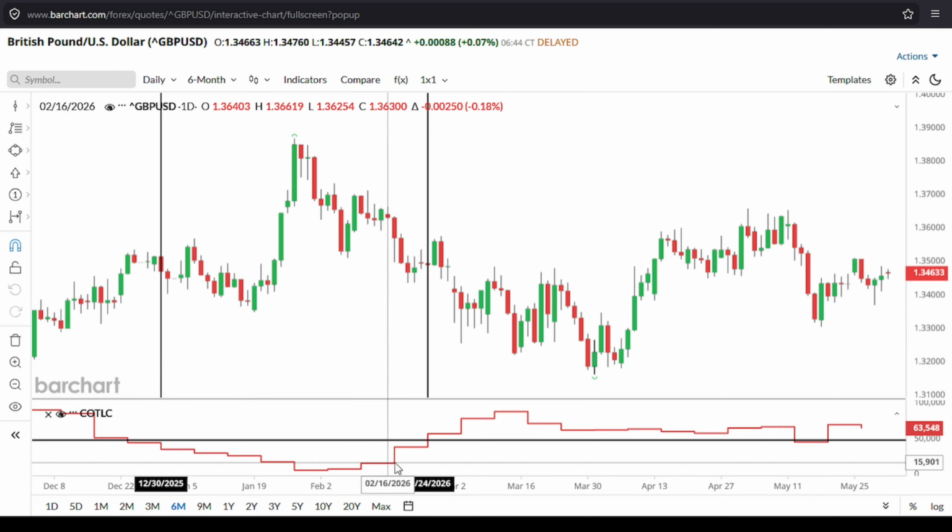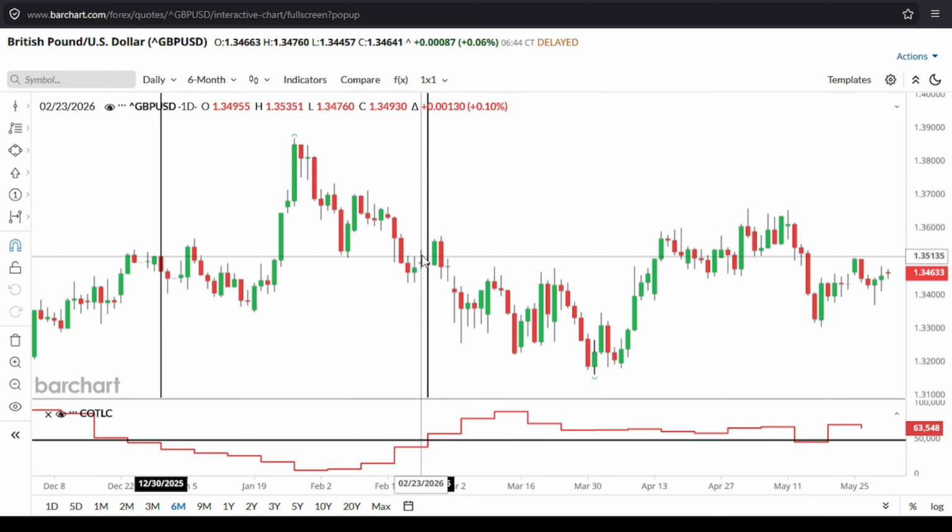So when it leaves below the 50% line and crosses to above it, its market bias for British pound US dollars on the daily time frame is now bullish. You'll be looking for buy signals. And you can see every push down has a push up, every push down has a push up.